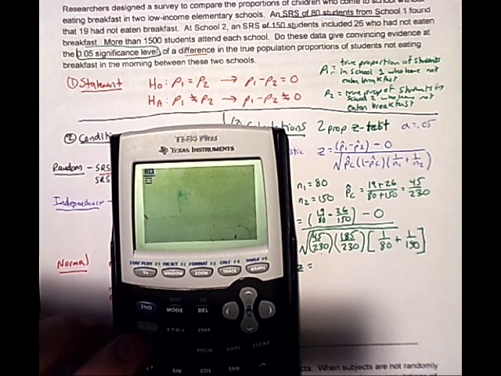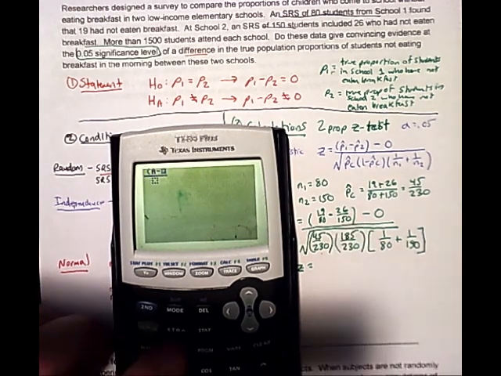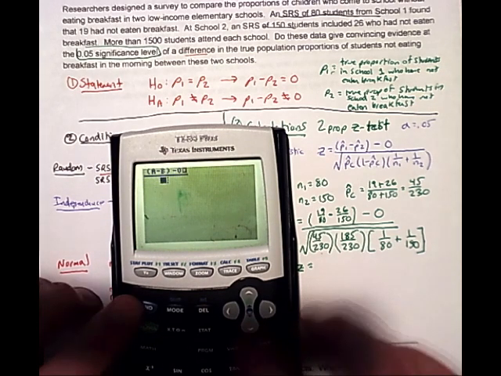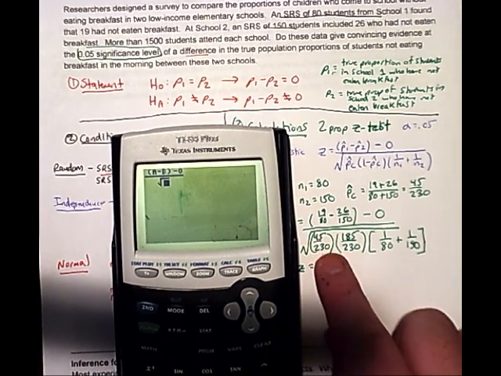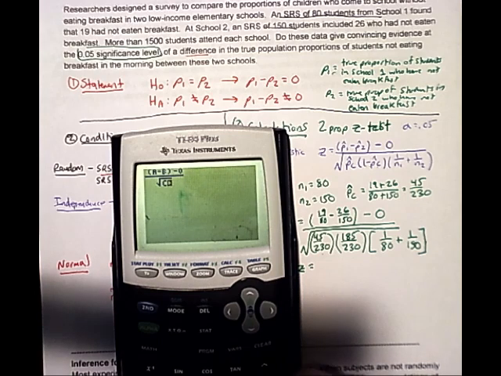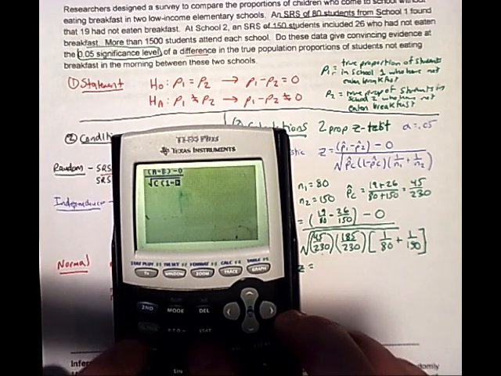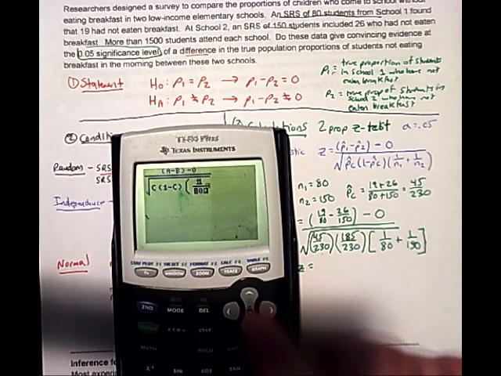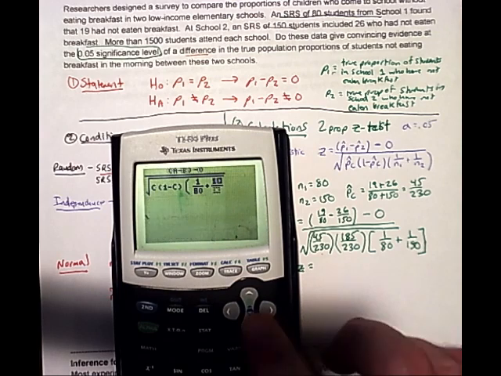Do A minus B, minus 0, all over a big square root of C times 1 minus C, all over another fraction, 1 over 80 plus 1 over 150.